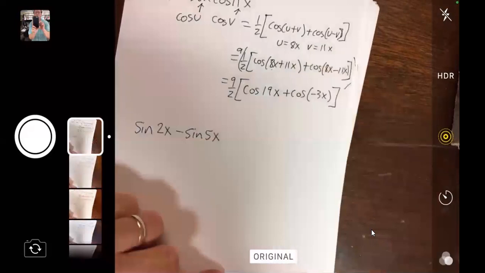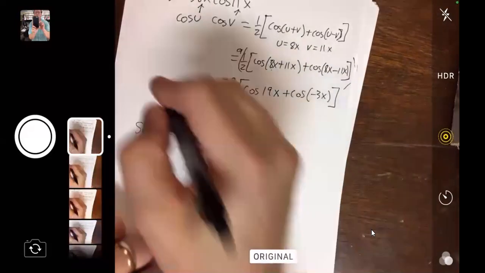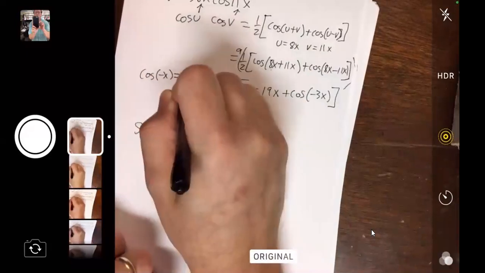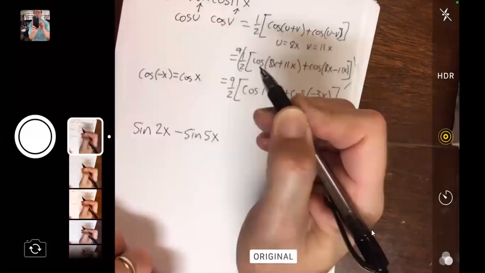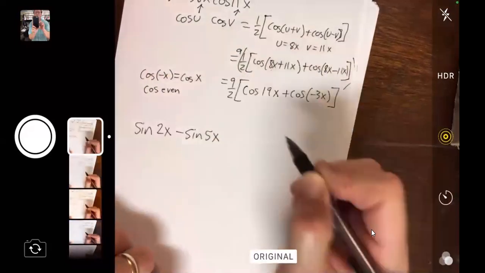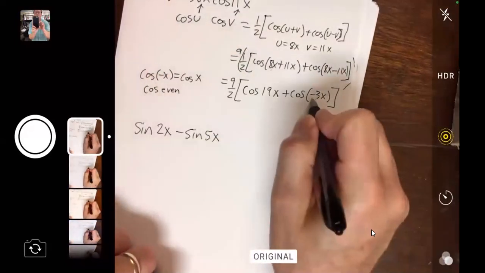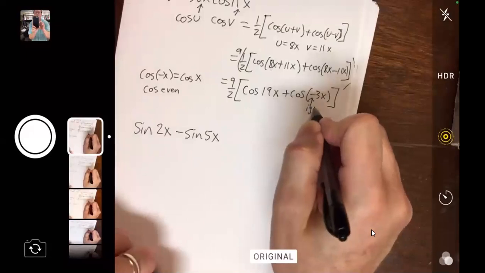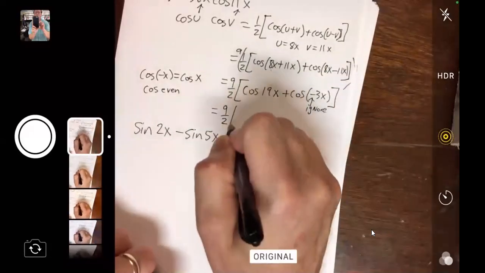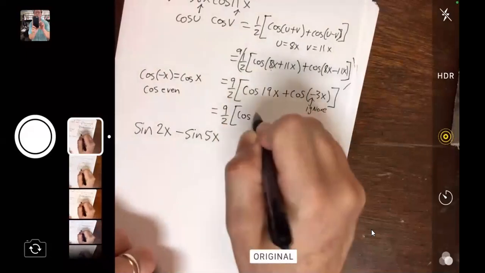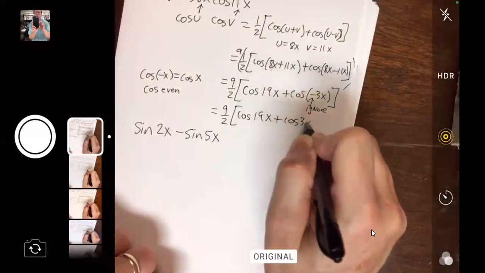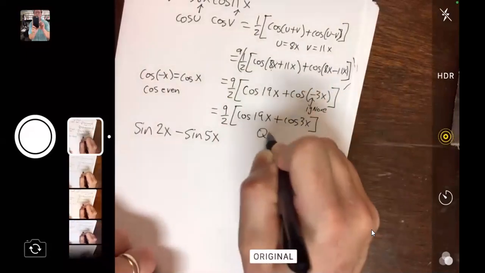You're supposed to remember that cosine of negative x is equal to cosine of x. Cosine is even, which means you can just ignore the negative. So you get 9 halves, cosine of 19x plus cosine of 3x, and quit.